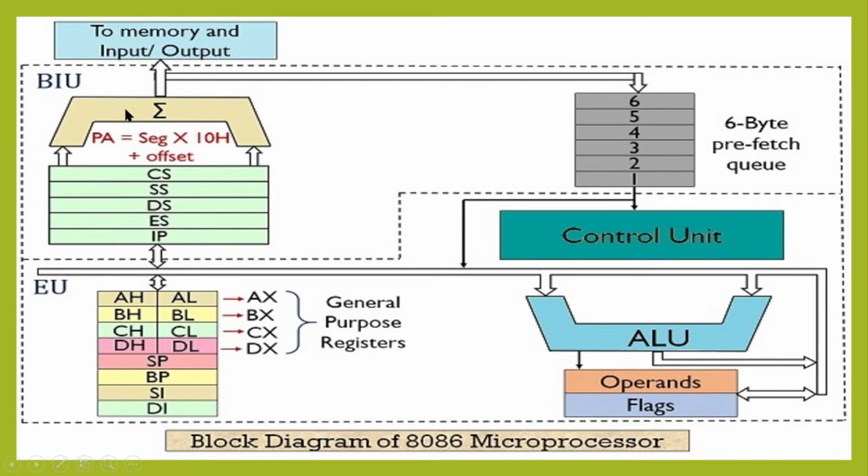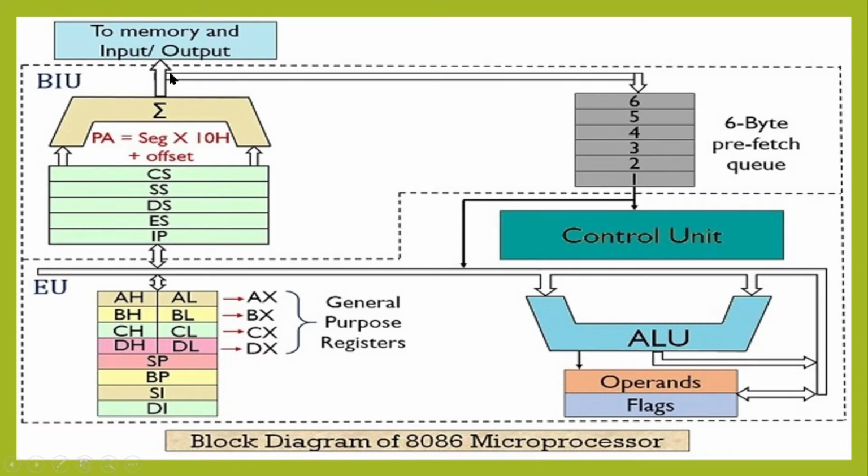The BIU has a summer or arithmetic unit, which performs only specified arithmetic functions. It is not a general purpose ALU. It is specifically used for address calculation. As you know, the 8086 has 20 address lines externally.